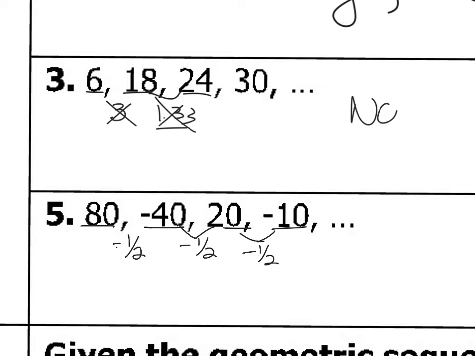Notice how they went from positive to negative. It's because you're multiplying by a negative. Anytime you multiply by a negative, it's going to change signs. So yes, it's constant. Yes, it's a geometric sequence, and the common ratio is negative 1/2.